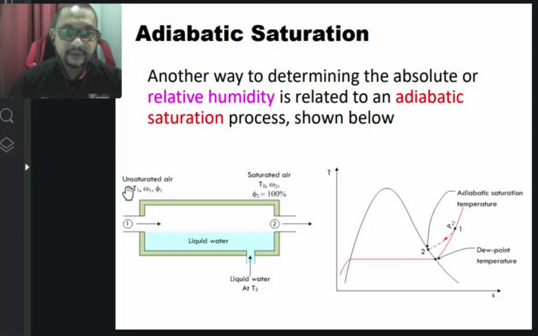So if this channel is long enough, the air stream exits as saturated air, that means phi is equal to 100%, at the temperature T2, which is called the adiabatic saturation temperature.